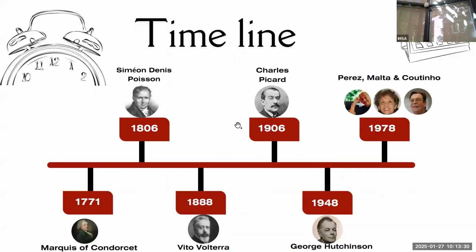So here is the timeline to summarize the evolution of delay equations. If we try to see how it was in the timeline, the first investigation in that direction started with Marquis de Condorcet. Condorcet was actually investigating partial differential equations, and he arrived at a type of delay because there is a very close relation between partial differential equations and delayed differential equations.